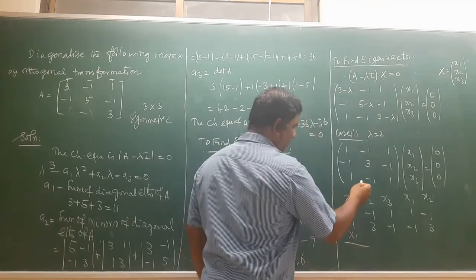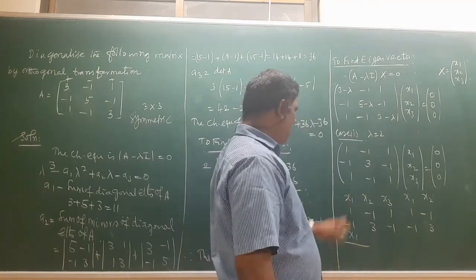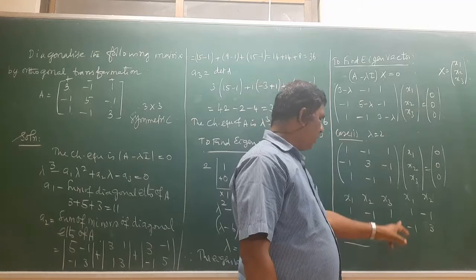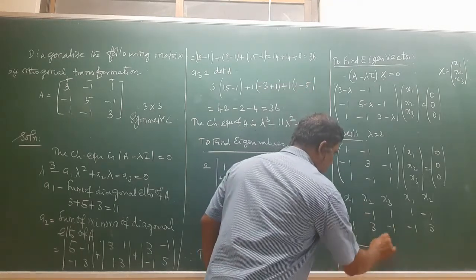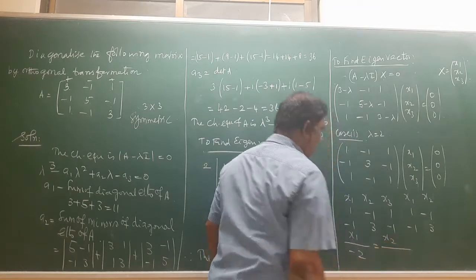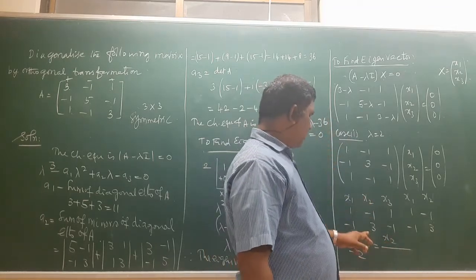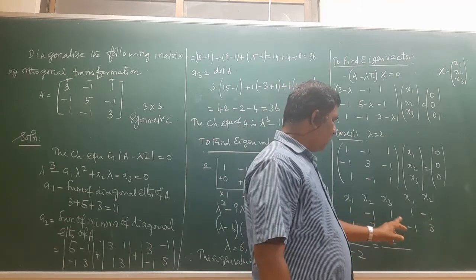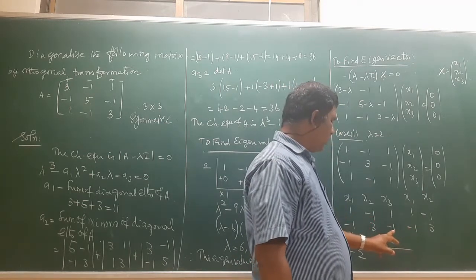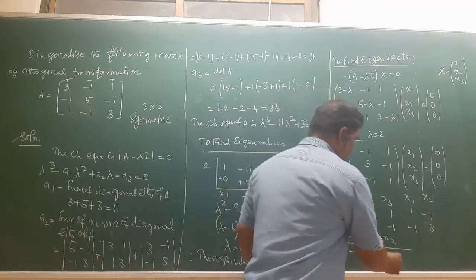To find x1, leave the x1 column and find the determinant of the remaining 2 columns. That means 1 minus 3, minus 2. For x2, leave the x2 column and find the determinant. That means minus 1 plus 1, 0.